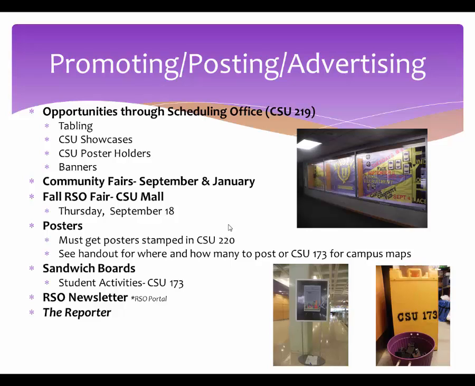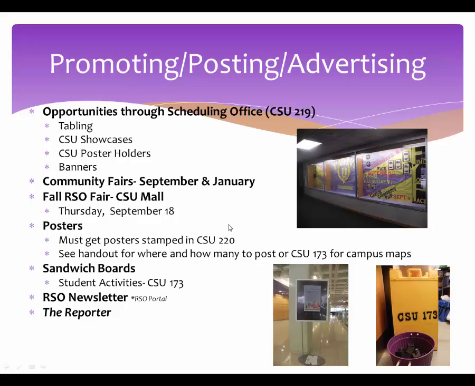Next, we have promoting and posting and advertising. There's a lot of opportunities for you to market your organization here. Opportunities through the Scheduling Office, CSU 219, include tabling in the CSU, and CSU showcases as pictured here, which are between Barnes & Noble Bookstore and Student Activities Office on the main level in the CSU. You also have the availability of CSU poster holders, as pictured here, which you see around the CSU.